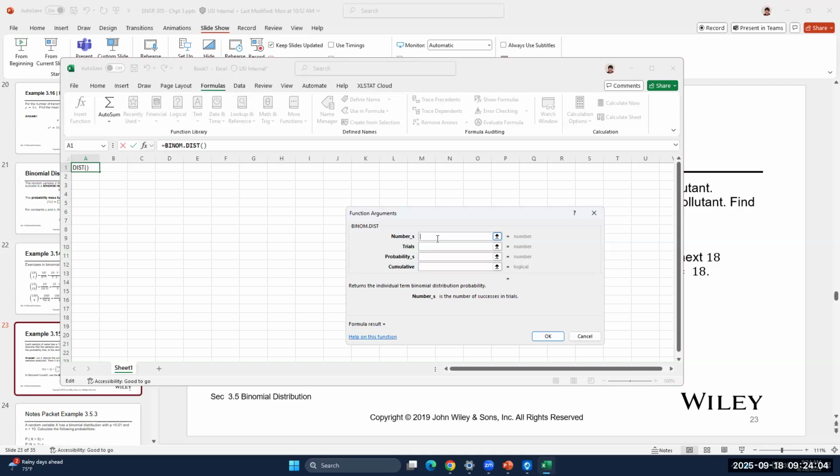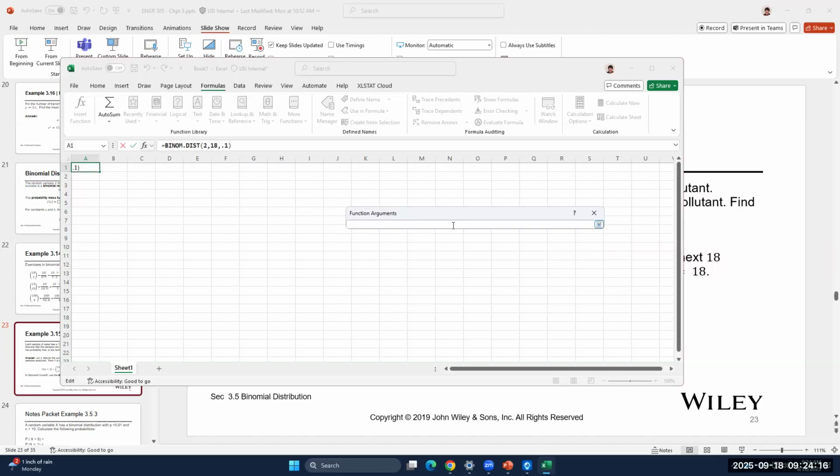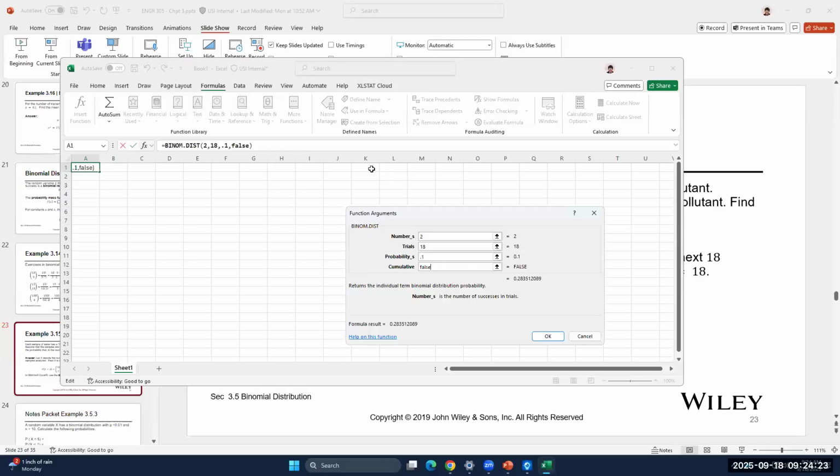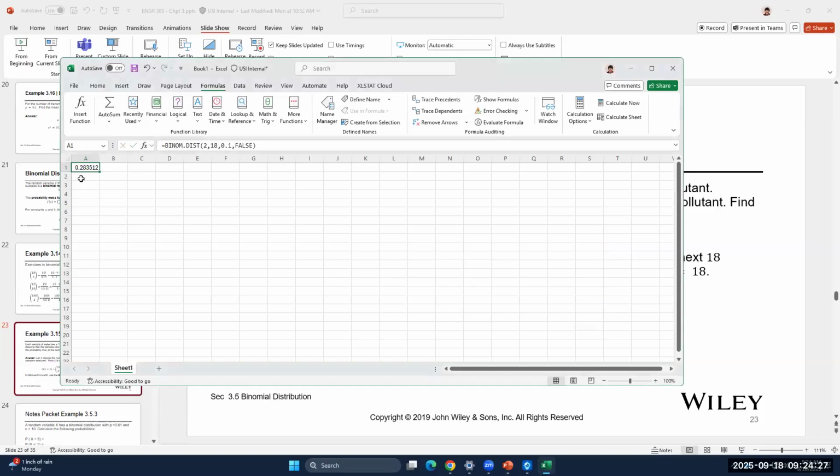Now I can type in the information. I have 18, I'm looking for 2 pollutants in 18 trials. The probability is 0.1, and my logical expression is false. So I can enter it that way, and it'll give it to me there.